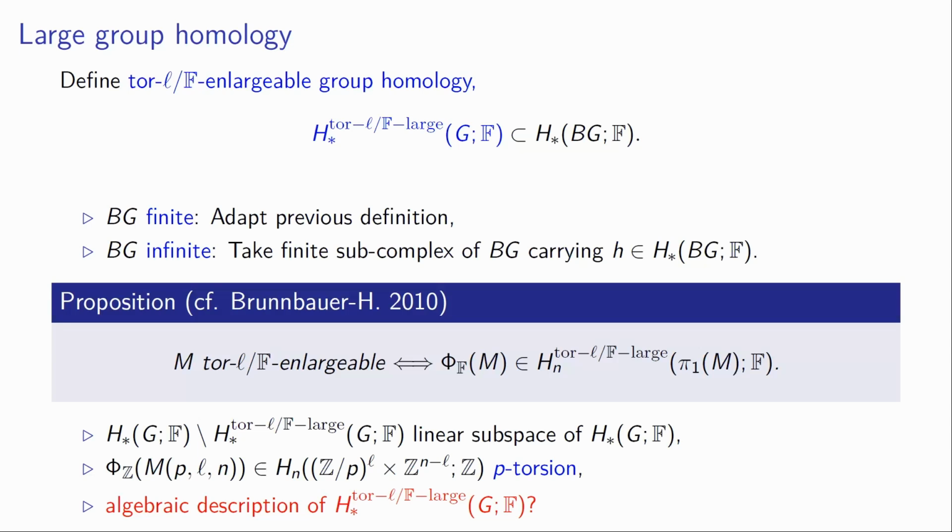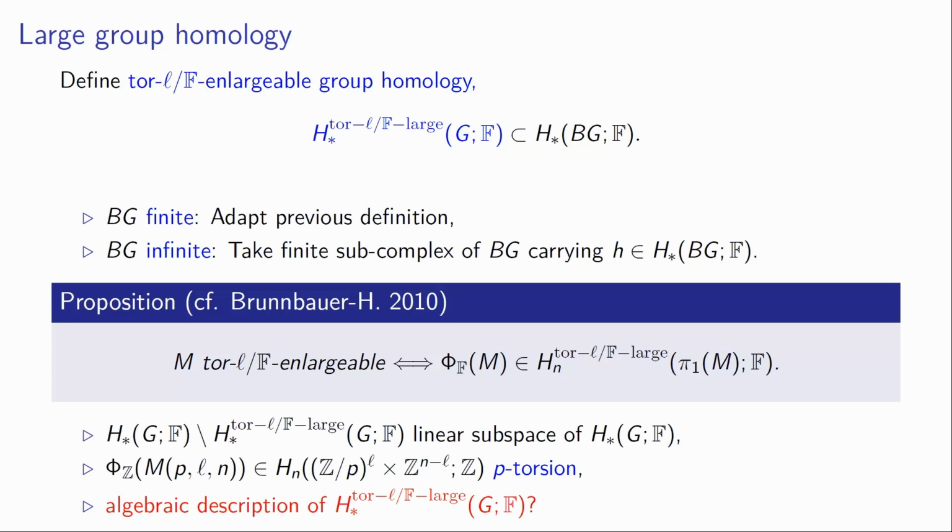This is the case, for example, if you take for G a free abelian group in n generators, Z to the n, and then you can compute this group homology. It's basically the homology of the n torus, and then every non-zero class can be detected by a product of one-dimensional classes, and so all these classes are large in this sense.